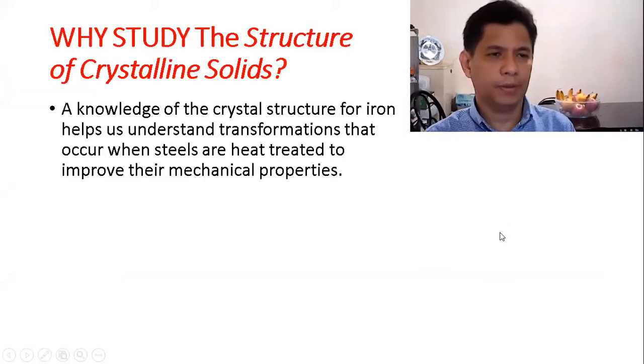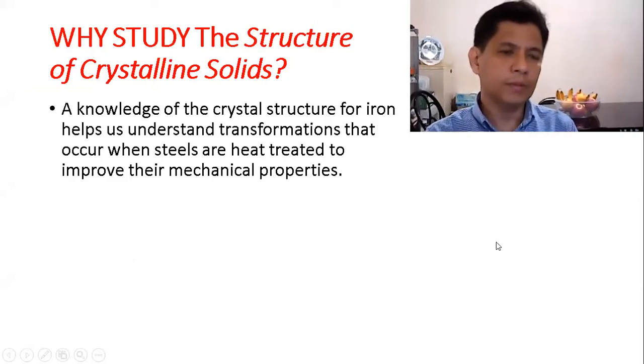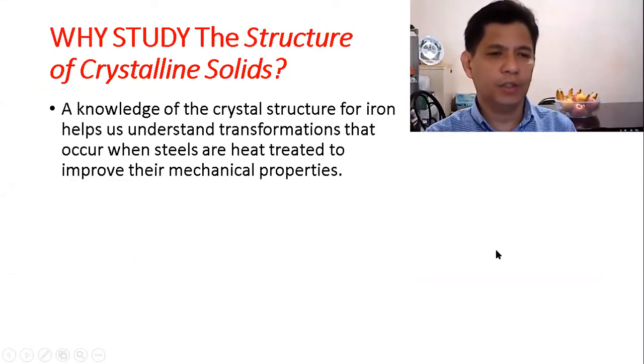The first question is, why do we need to study the structure of crystalline solids? The answer is, a knowledge of crystal structure for iron, for example, helps us understand the transformations that occur when steels are heat treated to improve their mechanical properties.